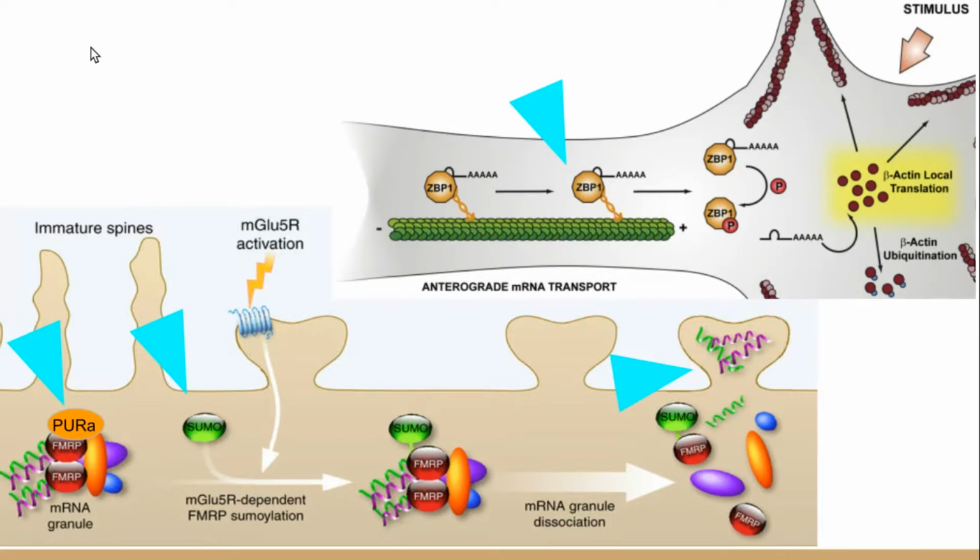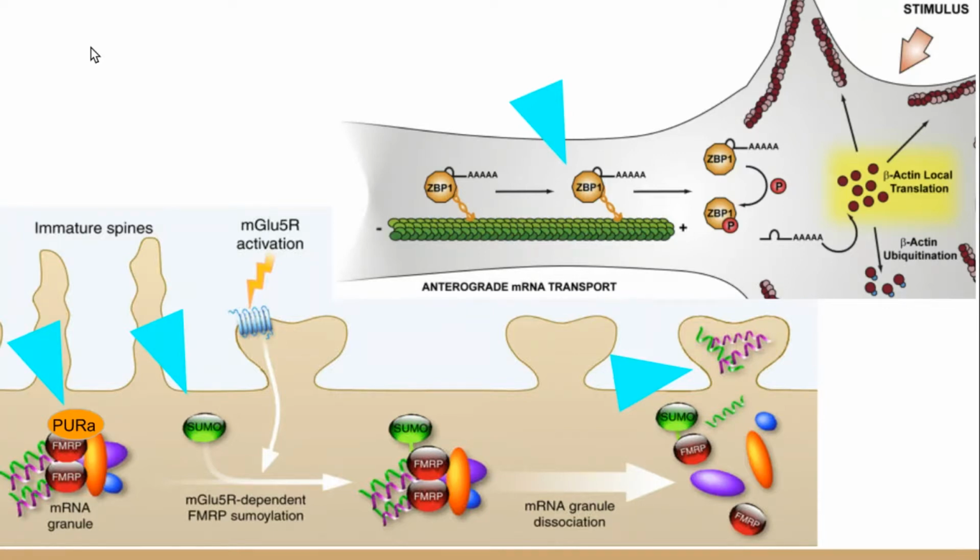In general, the field of mRNA transport in neurons is severely underdeveloped. A recent high-throughput analysis of mRNA granules in neurons identified 37 proteins associated with those granules. And teasing out what each protein is doing is incredibly difficult because some are involved in covering exons. Some might be covering introns.